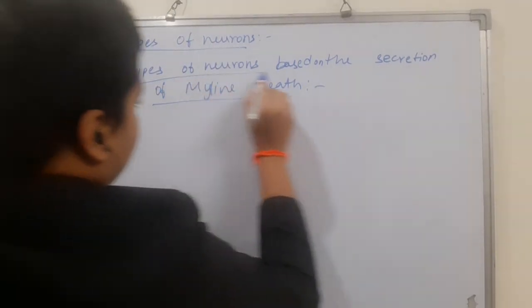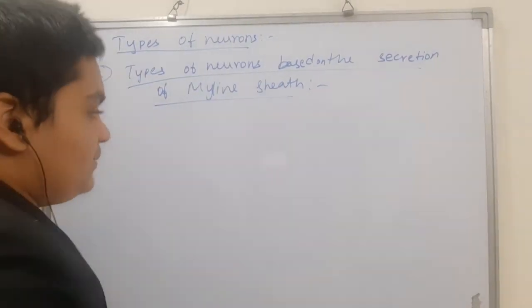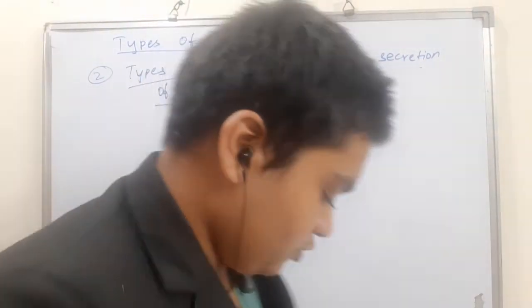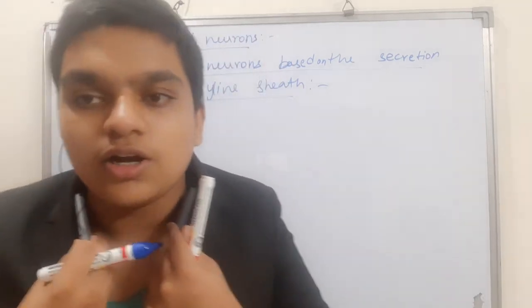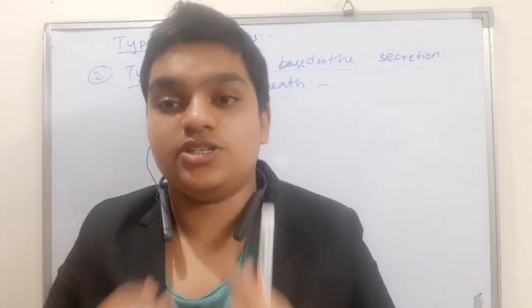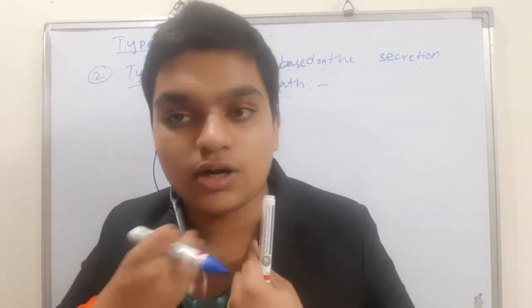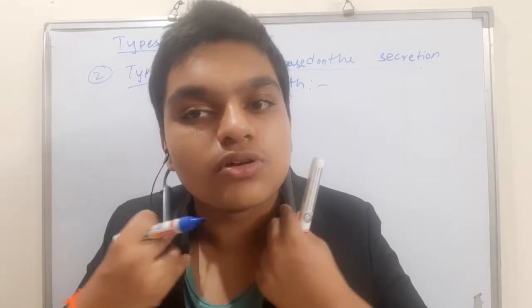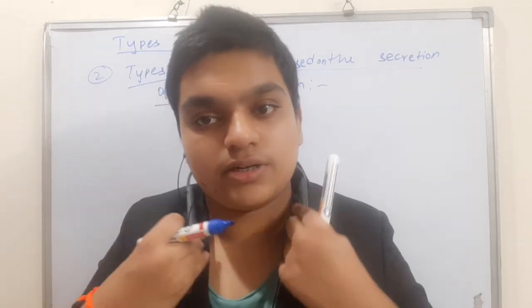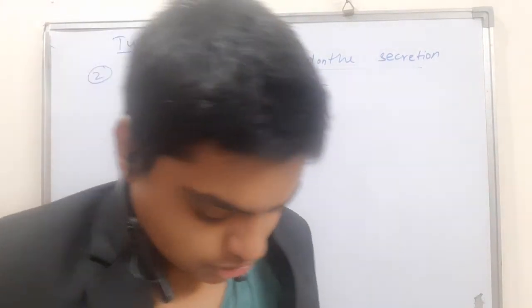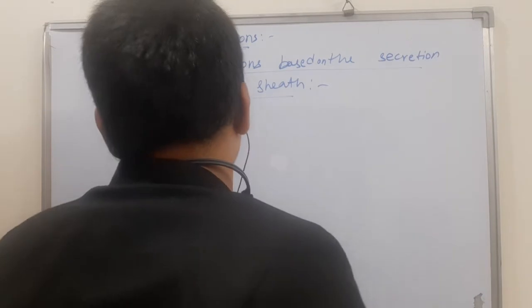Basically now I will be drawing two types of neurons, two diagrams of neurons. Now tell me what is the difference between these two neurons. One minute. Okay, I will be drawing those two diagrams. Please watch them very carefully.